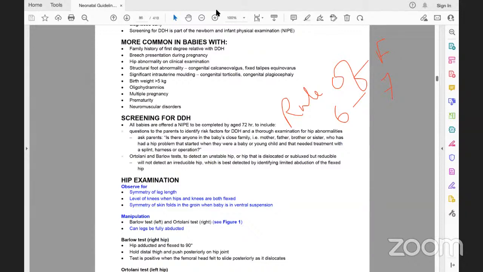Premature baby, neurodevelopmental disorder, or suppose the baby has spinal muscular atrophy or muscular dystrophy. Or any baby who has a musculoskeletal problem like arthrogryposis or Klippel-Feil syndrome. Okay, these are the risk factors for congenital dislocation of hip.